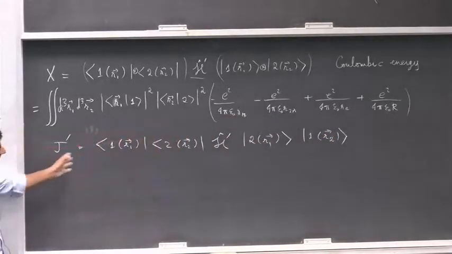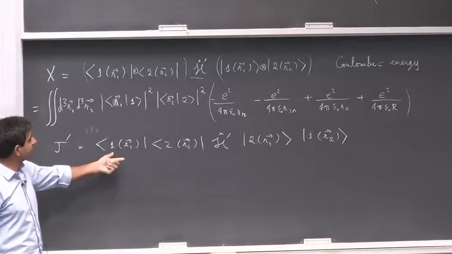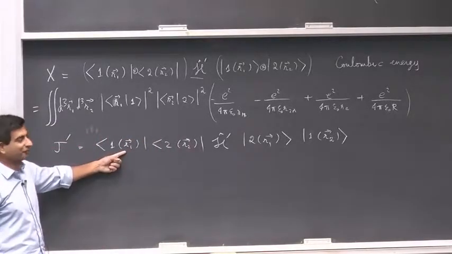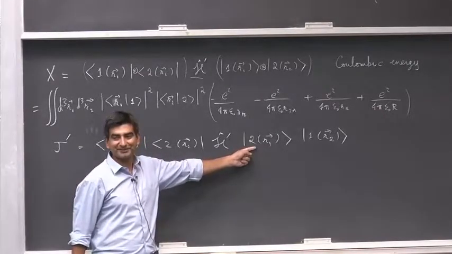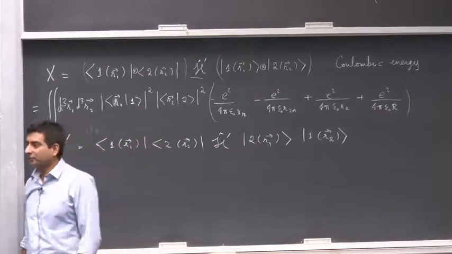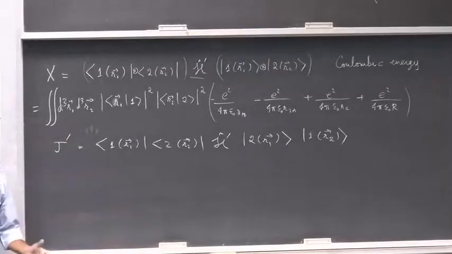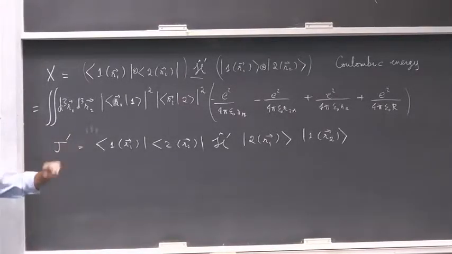Now this connects the first electron at position R1 connected to nucleus 1, and the first electron at position R1 connected to the other nucleus. So this connects terms of this kind. This has no classical explanation. This is like an exchanging tensor.